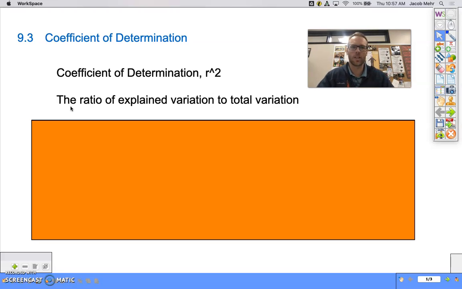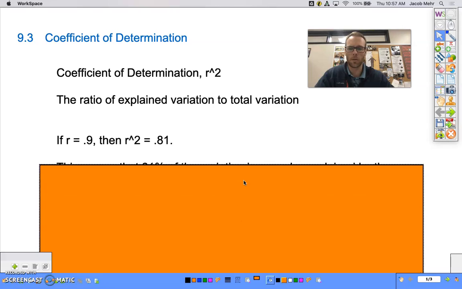I'm not going to get into all the details, but it compares how much of the variation is explained because of our linear regression and the points that we have, to how much of the total variation there is in the situation. And it's a really helpful thing to find because it gives us a little bit of an explanation on some things that we can say.